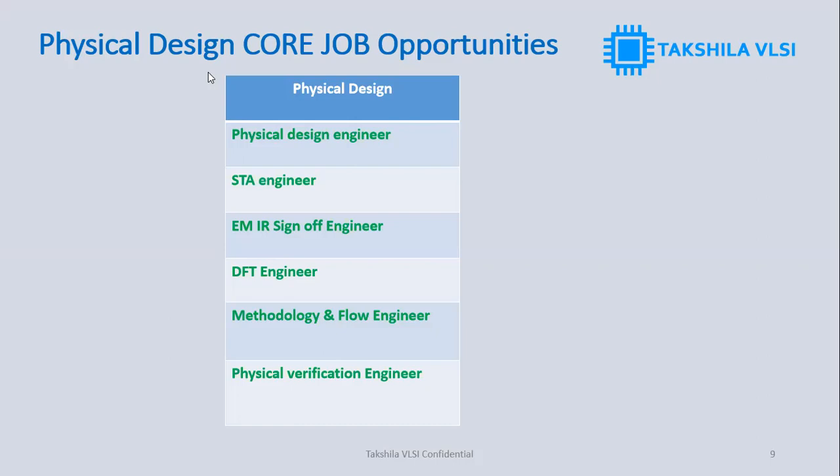DFT engineer, design for testability. Methodology and flow engineer, so one who has an idea of the complete flow will become the methodology and flow engineer. And physical verification engineer. So once you're done with the physical design course, these are the job roles you can apply for.